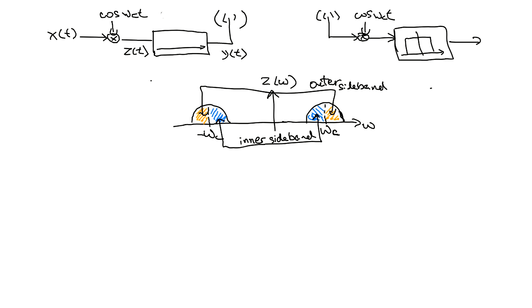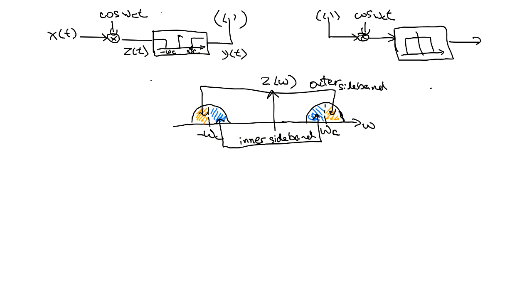As an exercise, you can show that if I pass it through a high pass filter with cutoff omega C, you will still be able to build a single sideband transmission system. And in the homework, we actually have a third way for you to build a single sideband transmission system. So this will be an exercise.